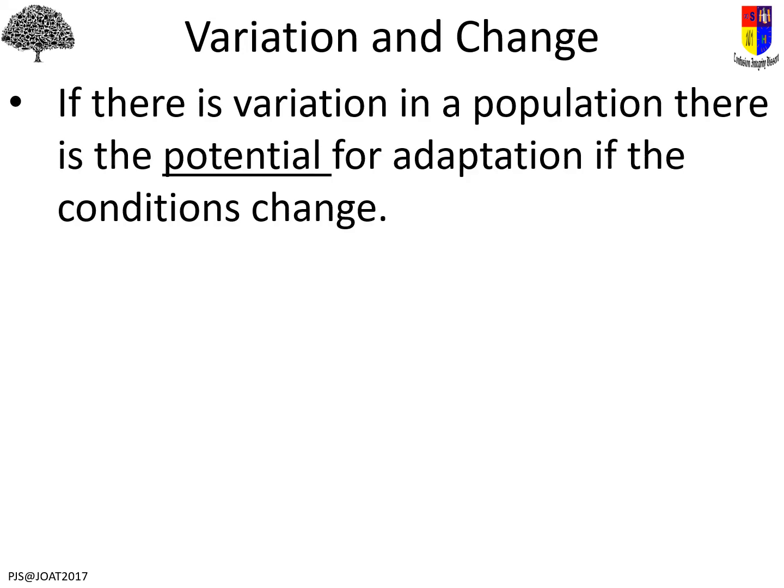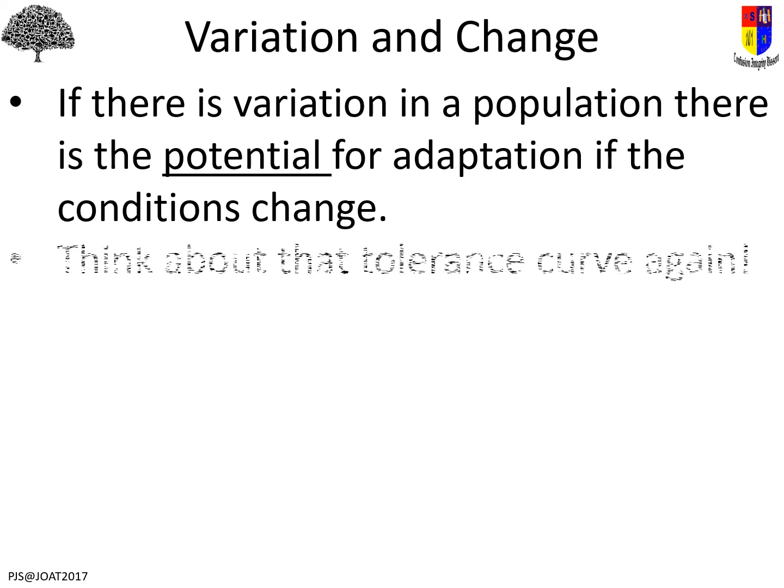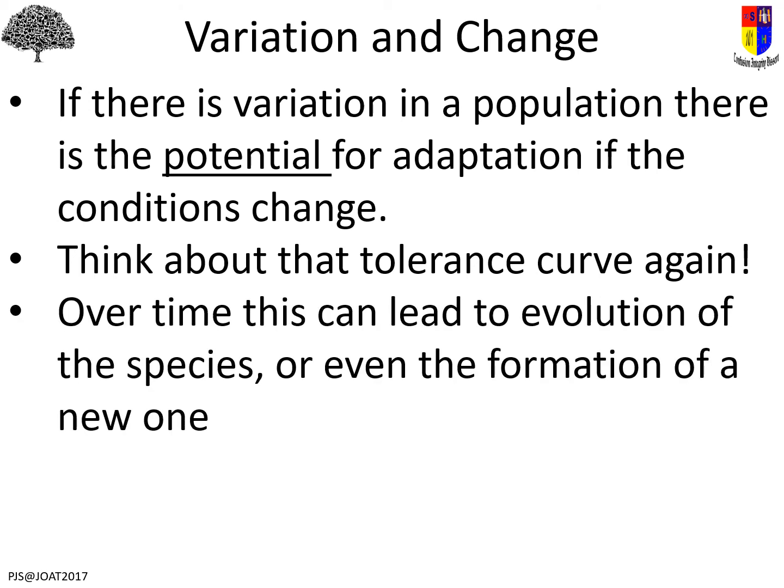This is a really important point: if you have variation in the population, then there is the potential, if the conditions change, for adaptation to take place. If you think about your tolerance curves from earlier, you have your factor here, whether that is temperature, water levels, salt levels or oxygen levels, and up the side we have survival.